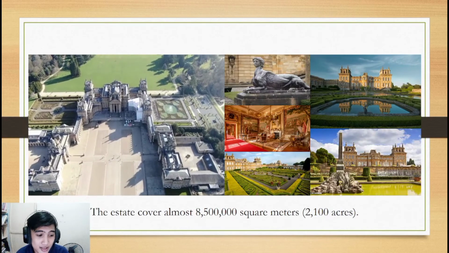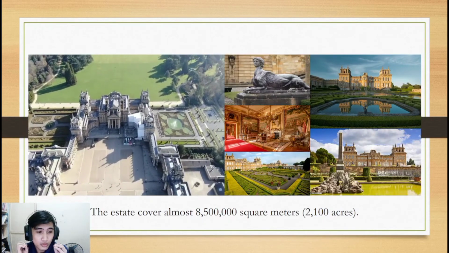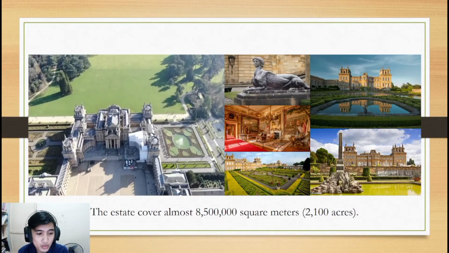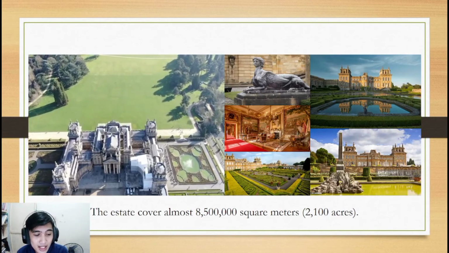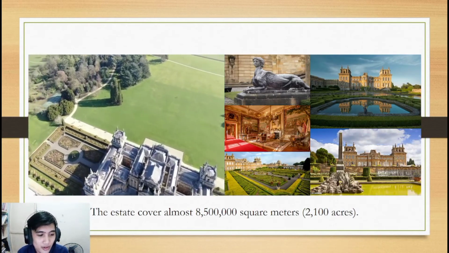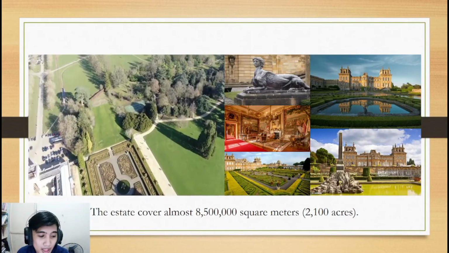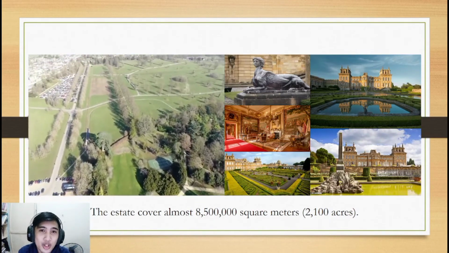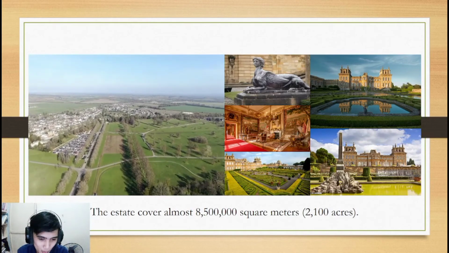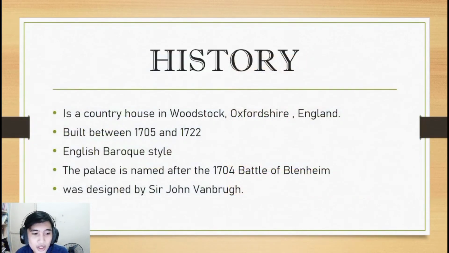The second one is that it was built between 1705 and 1722, characterized in this area by an eclectic style and a return to a national root. It is a perfect example today of an 18th century princely dwelling. For the third one, it is English Baroque style. The palace is named after the 1704 Battle of Blenheim.